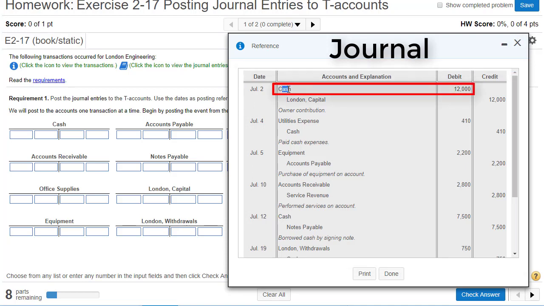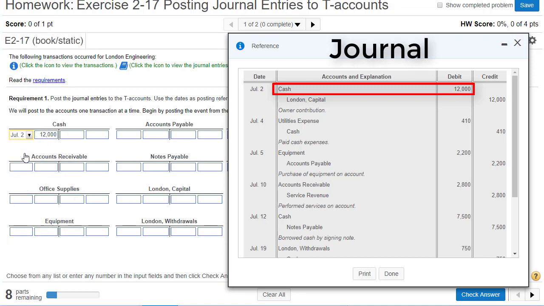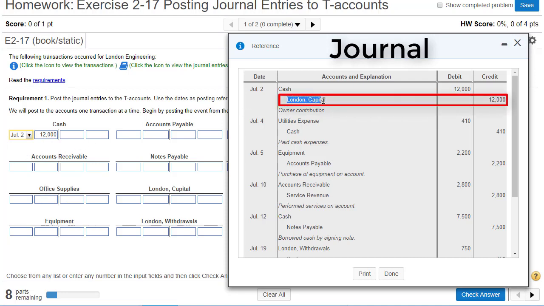So our first account is cash, and notice we have a $12,000 debit. Because this is on the debit side, which means the left side, we're just going to copy that number, go to cash, here's the left side of cash, paste it in there, and then enter the date. And then I'm going to go back to the journal and post the next one.